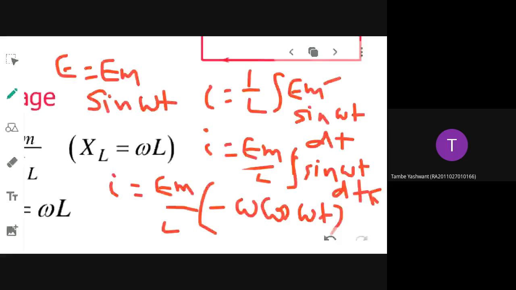What will be the answer if you are integrating sin omega t? Omega cos omega t, or cos omega t divided by omega? Divided by omega, ma'am. Yes, divided by omega.